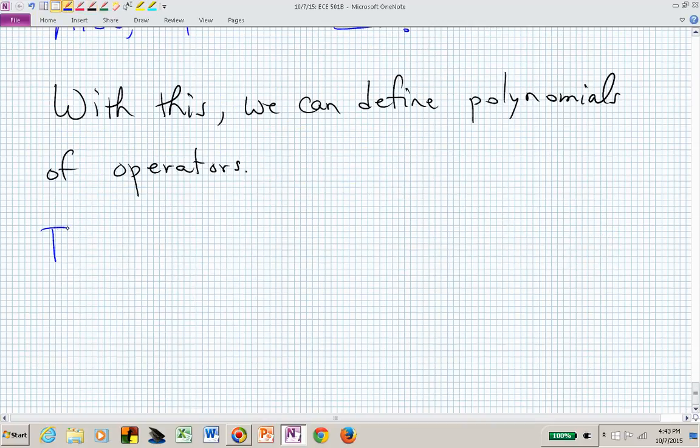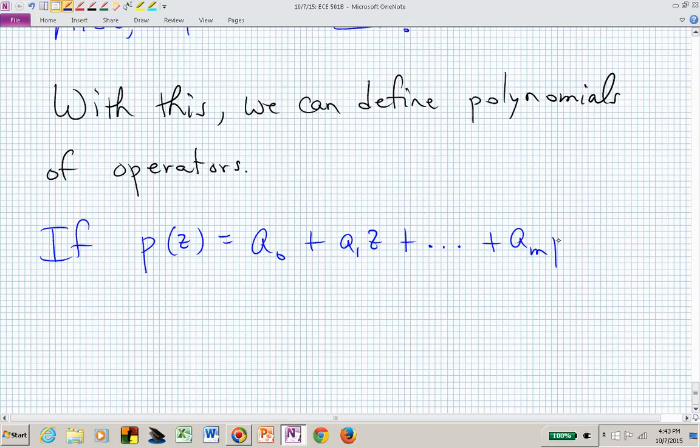By that I mean, suppose that somebody gave you a polynomial p of some variable z, where that polynomial was a scalar a sub 0 plus a1 z on up to, let's say, plus a sub m z to the m.